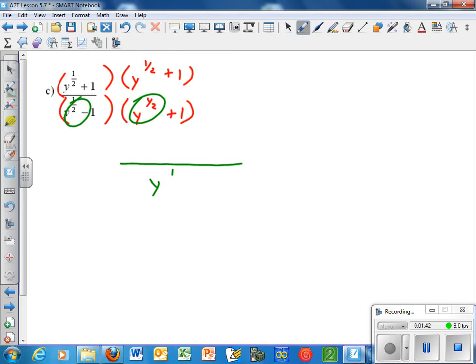Okay, then I'm going to do my outside terms, y to the 1 half times 1, so it's plus 1y to the 1 half. My inside terms would be minus 1y to the 1 half.